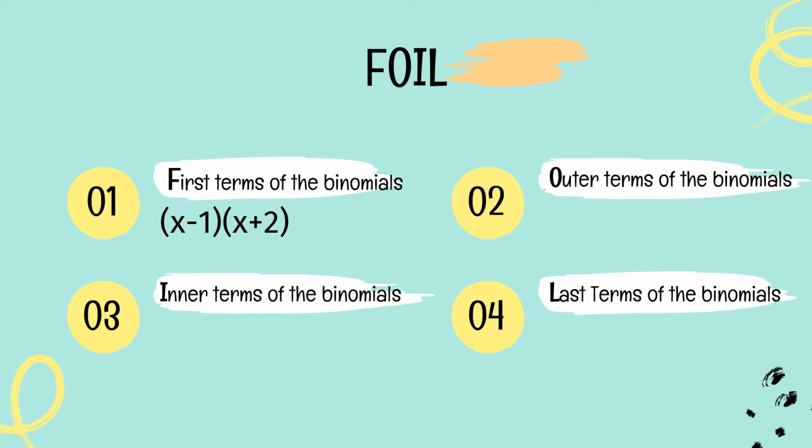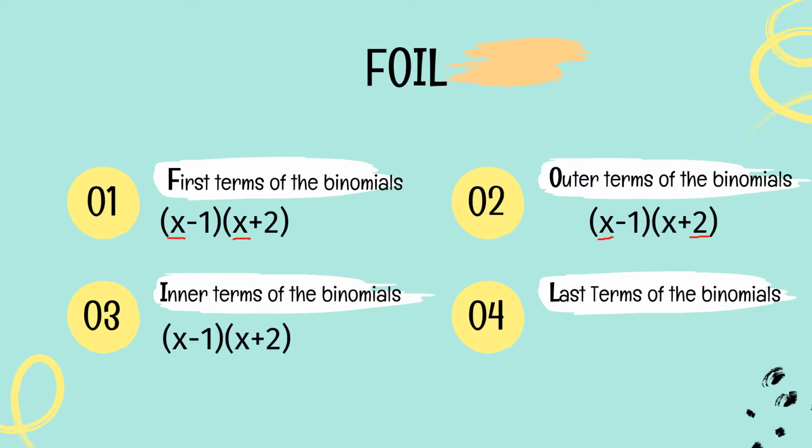The first terms here are x and x. Secondly, we have the outer terms of the binomials, which are the terms on the outside: x and positive 2.